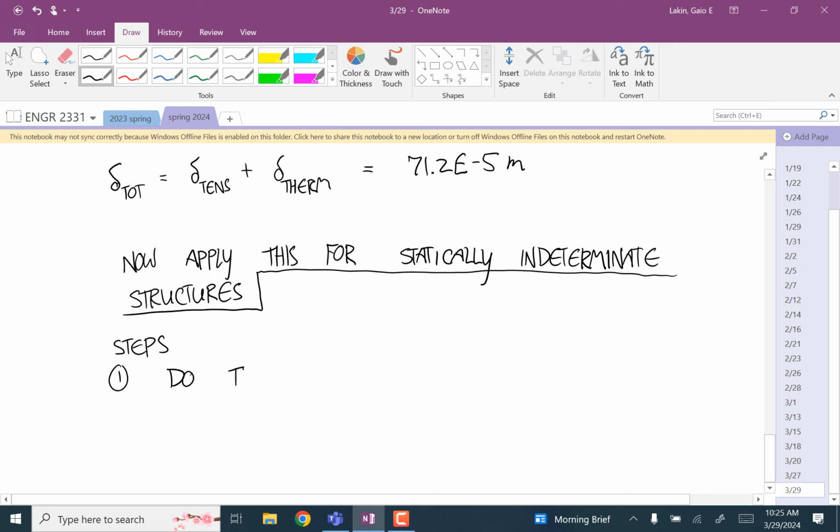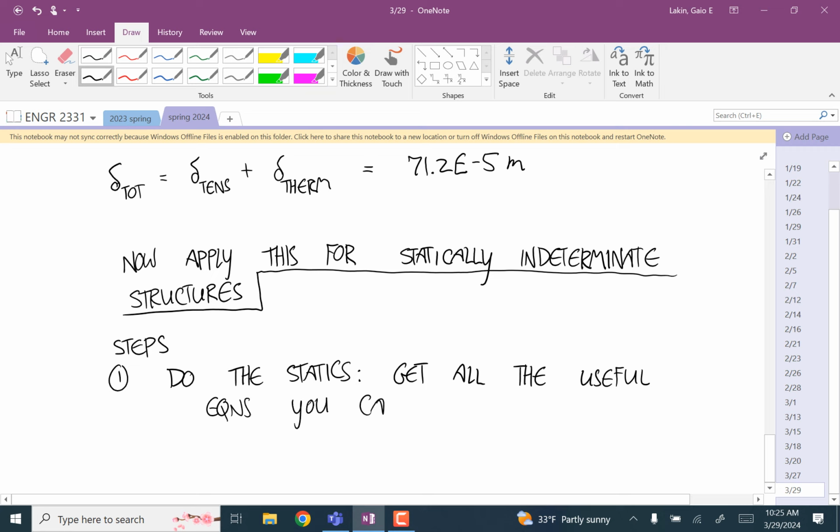So the first step is do the statics. When you do that, you get all the useful equations you can from Newton's laws. In statics, once you got all the useful equations you could from Newton's laws, then you had a system you could solve.